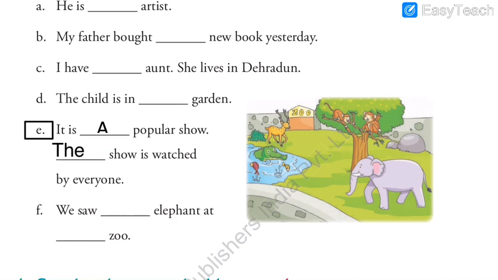Why? Because though it is a consonant, though it should be a here, we are again talking something detailed about one particular show. The show is watched by everyone means that you are describing only one show. That XYZ show is watched by everyone, correct?